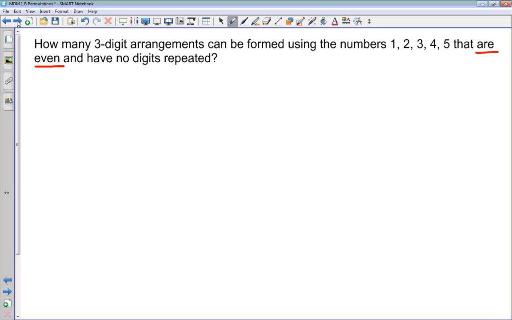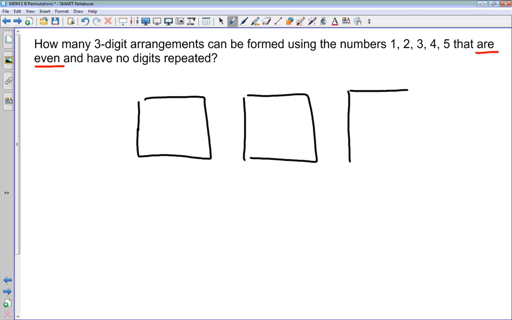So if we've got a 3-digit arrangement, we're going to have 3 boxes representing our 3 digits. Now, what determines whether a 3-digit number is even or odd? It's the number that goes in this final digit over here. If we put a 2 in here, or a 4 in here, we will have an even number.